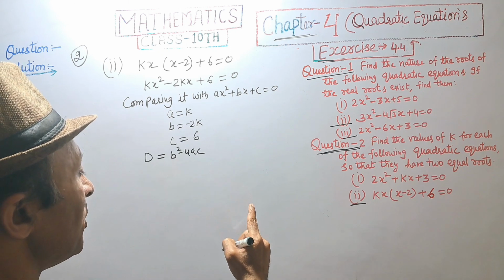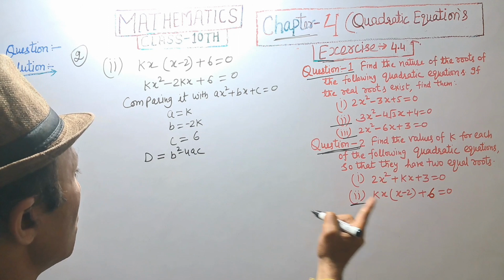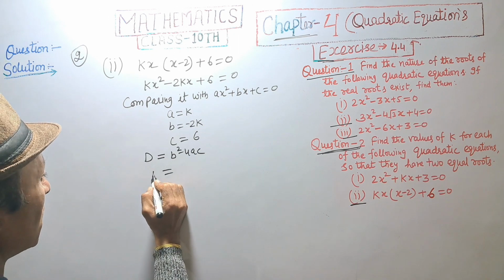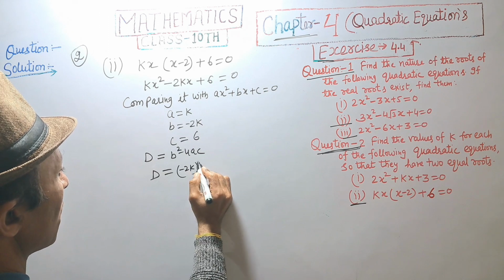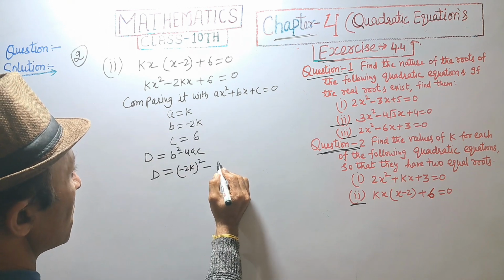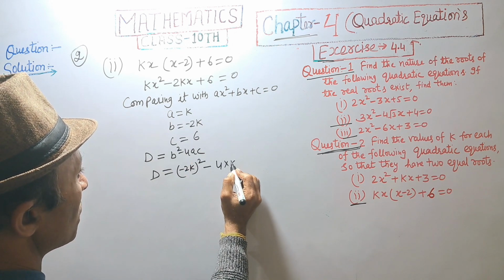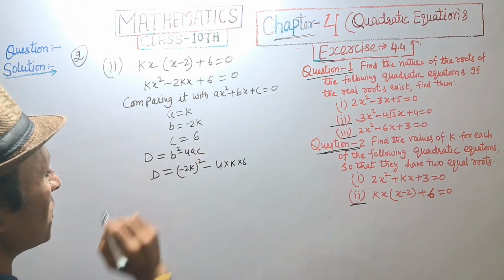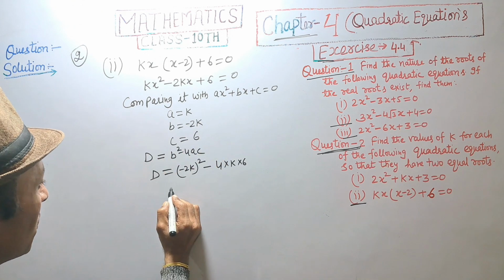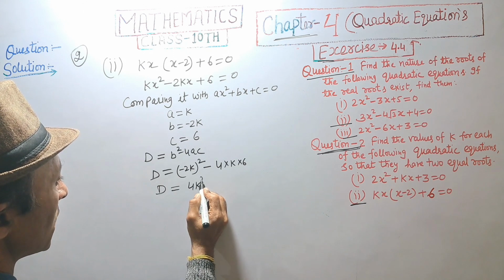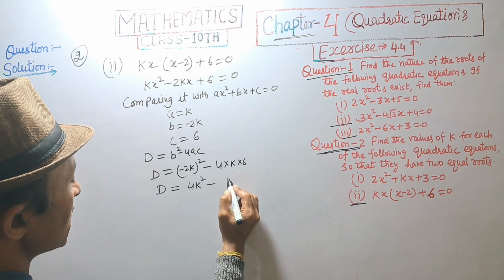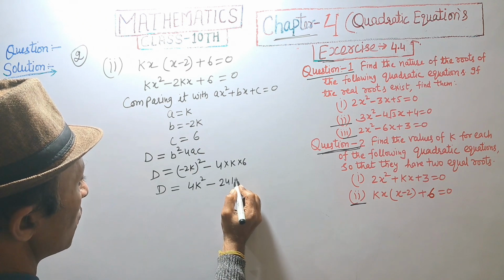put discriminant D equal to 0. D is equal to minus 2k raised to power 2, b square, minus 4 into k into 6, that is equal to 4k square minus 24k.